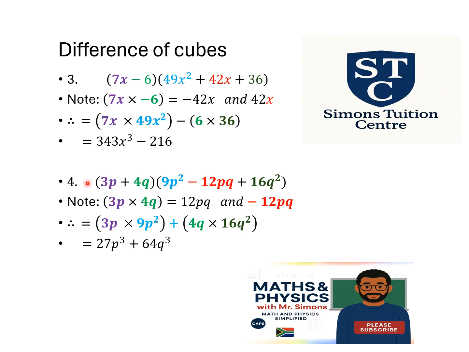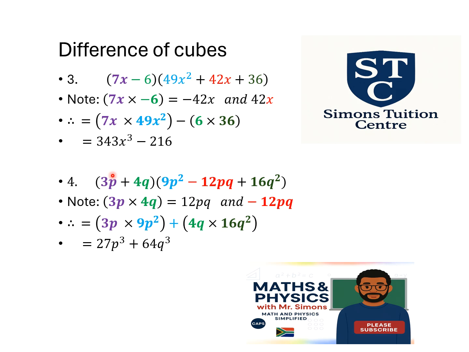We look at the fourth one there. 3p times 4q gives me 12pq. There I have minus 12pq. The two are additive inverses, so they cancel. And if you want to go further, 3 times 3 is 9, p times p is p squared. 4 times 4 is 16, and q times q is q squared. So if this is a square of that, and if that is a square of that, then generally it's a difference or sum of cubes.